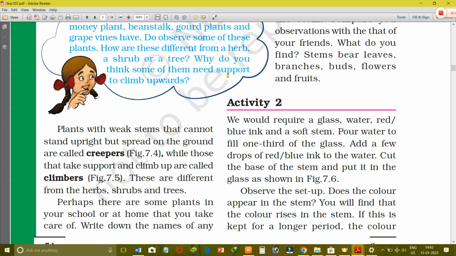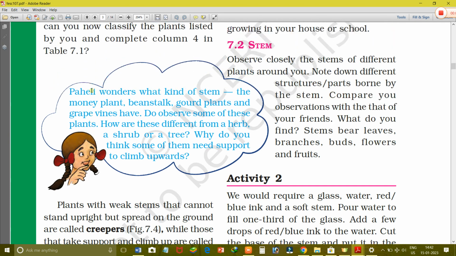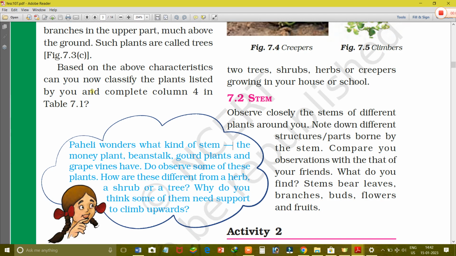Perhaps there are some plants in your school or at home that you take care of. Write down the names of any 2 or 3 trees, shrubs, herbs, or creepers growing in your house or school.